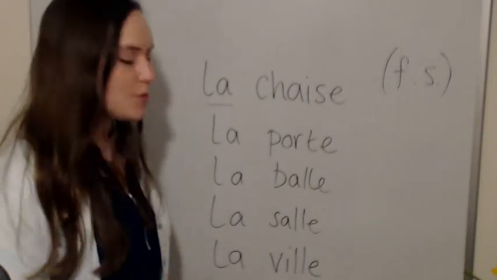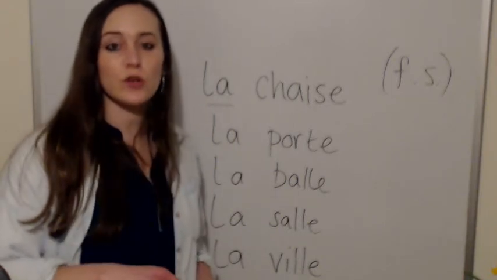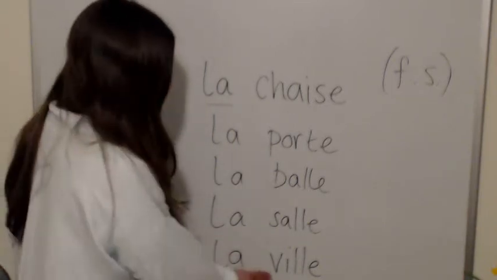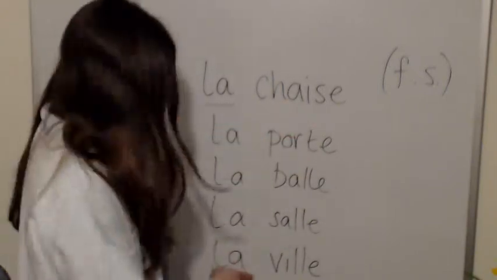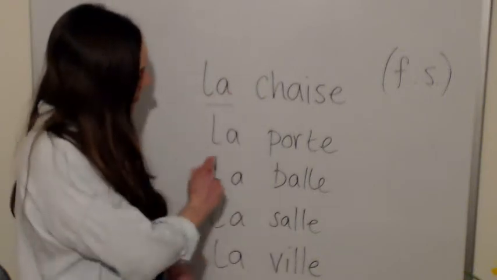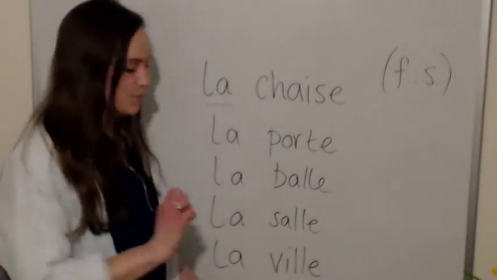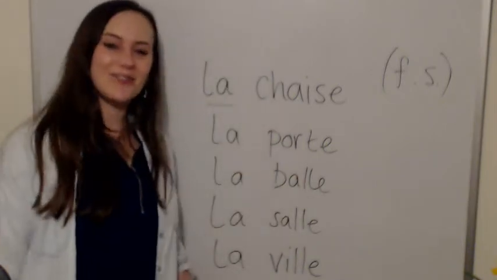La ville, you've probably heard this. It means town or it could mean city, but we're going to think of it as a place where people live and things happen. So town or city. La chaise, the chair. La porte, the door. La balle, the ball. La salle, the room.